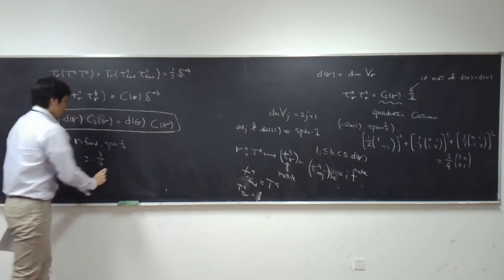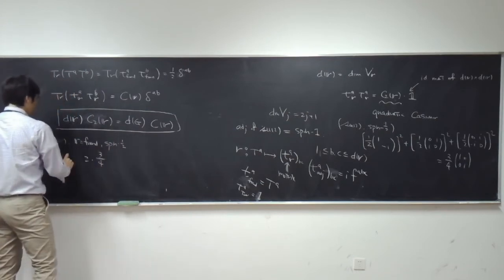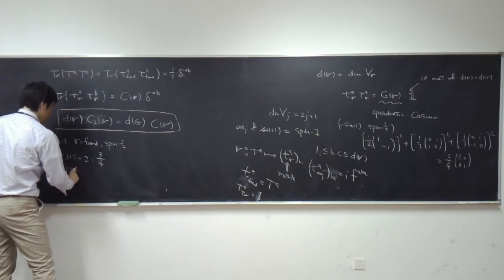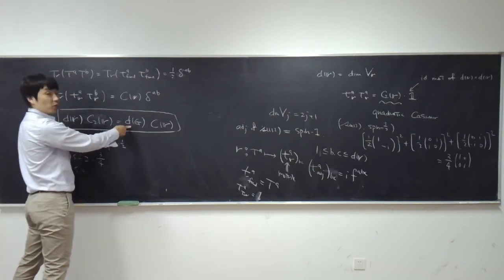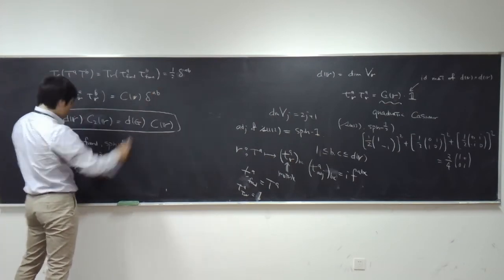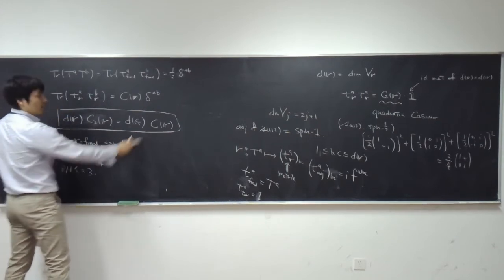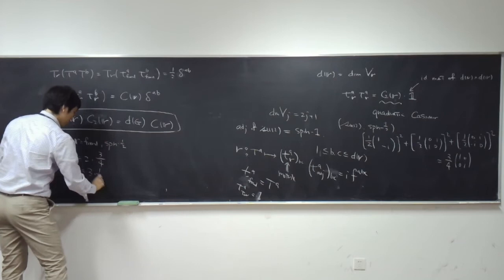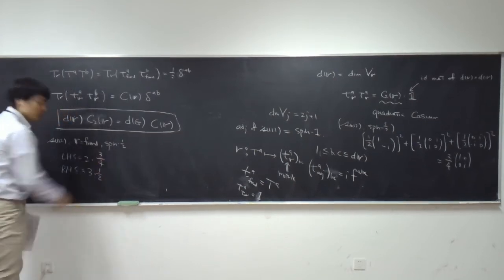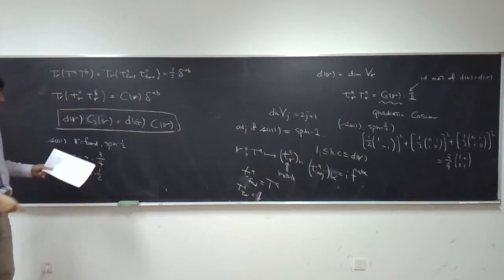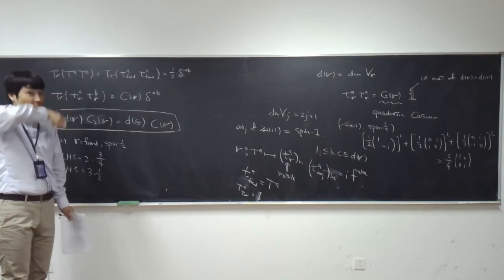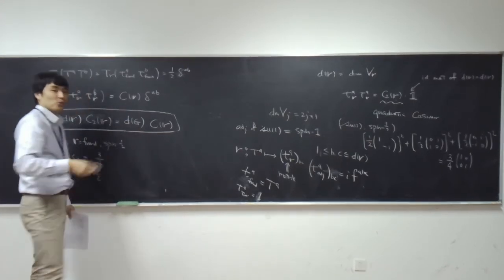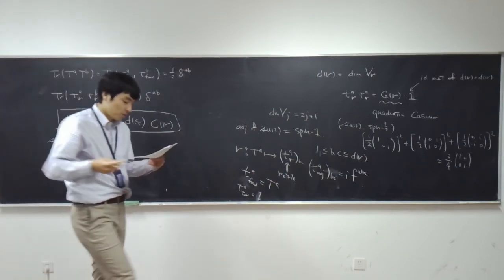That's the left hand side. The right hand side is D of G, which is 3, and C of R is 1/2. Therefore, you can see the identity between them. It's a good exercise to check this for the SU(3) case and so on, in the homework.